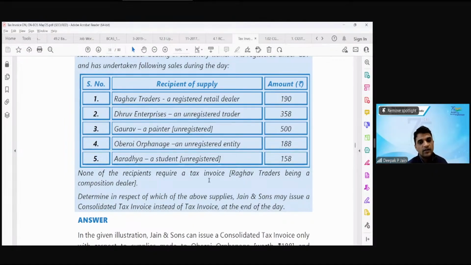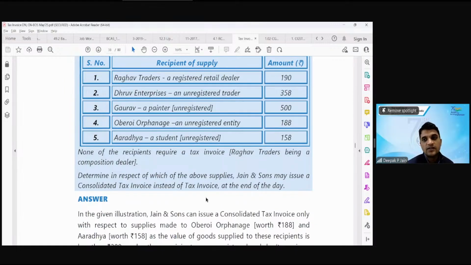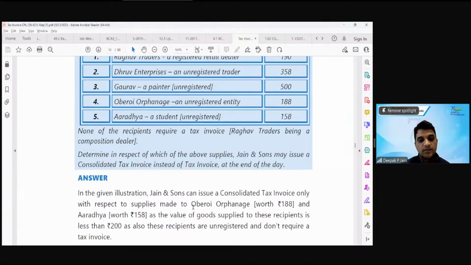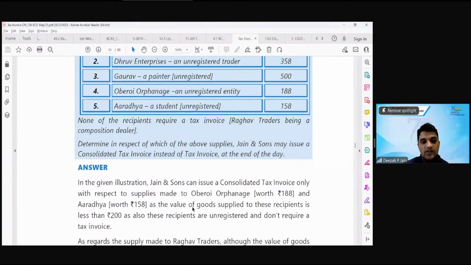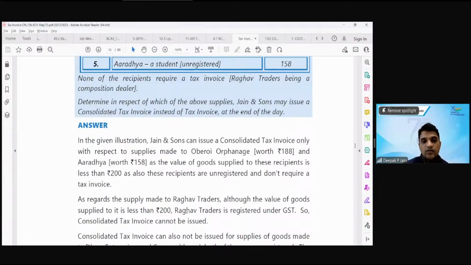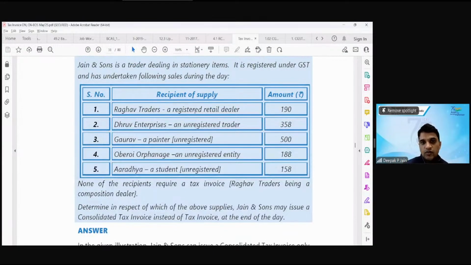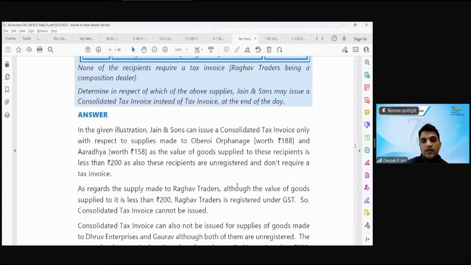So we have told that wherever the value is less than 200 rupees to an unregistered person, there we can consolidate the invoice. Here, even though Raghav Traders is the only person who is registered, although the value of the goods is less than 200, since he is registered, this cannot be consolidated. It can be consolidated for two conditions: the value should be less than 200 and it should be an unregistered person.